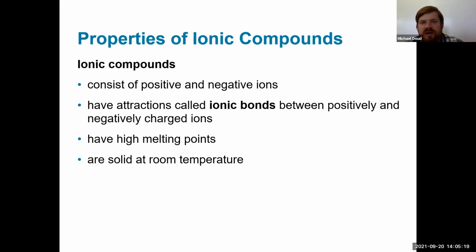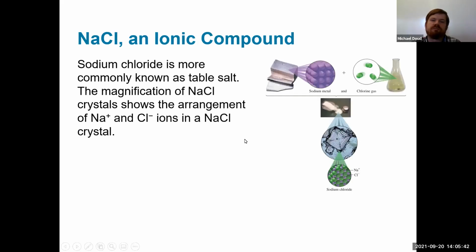In other words, the positive ions are attracted to the negative ions and vice versa. These are what are known as ionic bonds. They tend to have very high melting points, and they tend to be solid at room temperature. Think sodium chloride. If you put it in a pan and try to melt it, your oven's not going to get hot enough to melt the sodium chloride. It has an extremely high melting point.